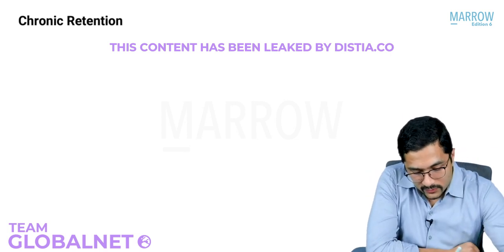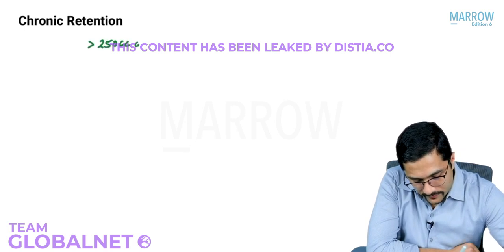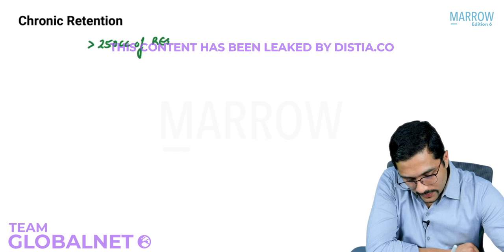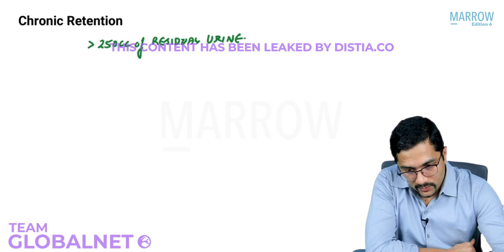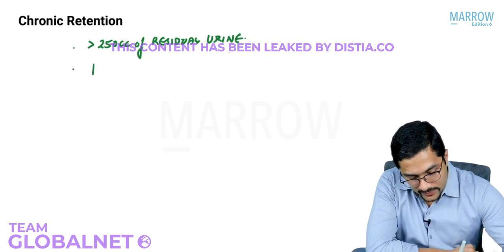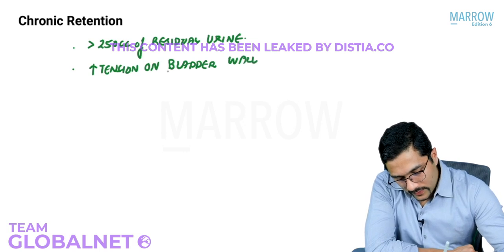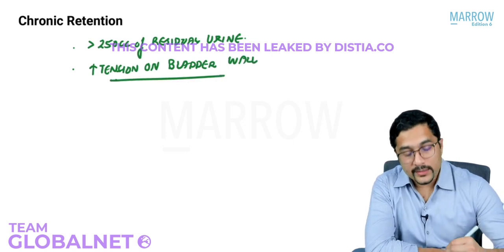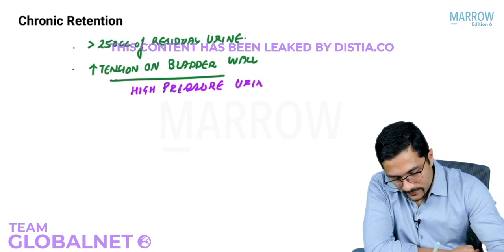So chronic retention of urine means when chronically more than 250 cc of residual urine is there. When more than 250 cc of residual urine is there, because of this there is increased tension on the bladder wall. That is why this is also known as a high pressure urinary retention.